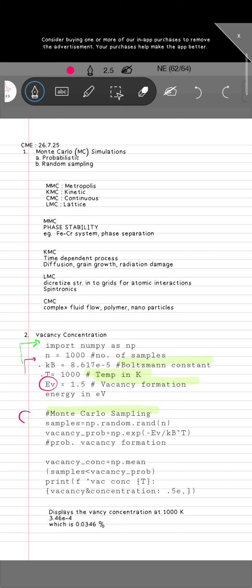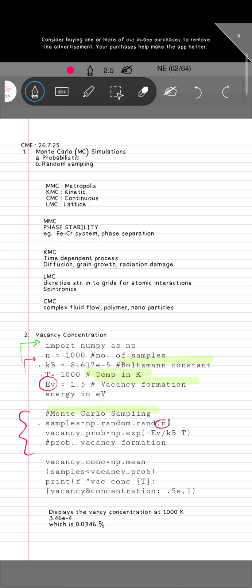Now from here we start the Monte Carlo simulation. As you can see, the samples have been assigned a random number n. That means the value can take any number between 0 and 1 multiplied by 1000.